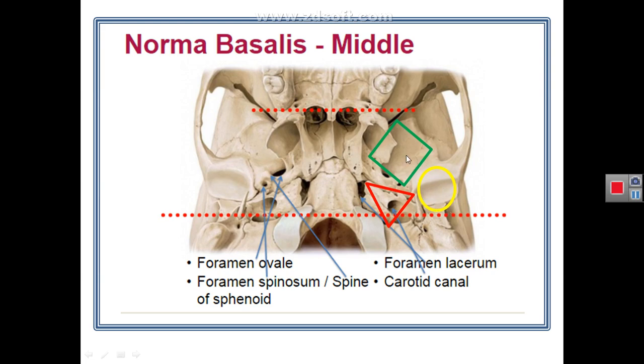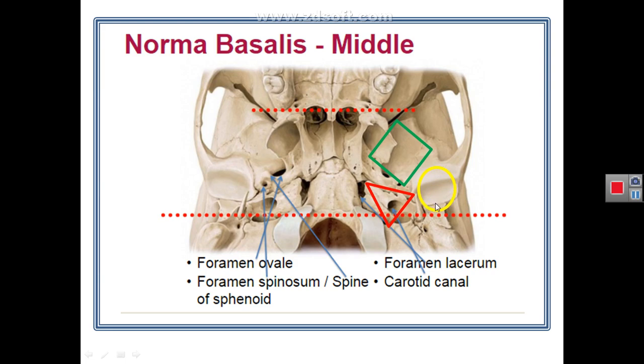The circle is the mandibular fossa that contains the condylar process of the mandible, with which it forms the temporomandibular joint. It is formed by the tympanic plate of the temporal bone posteriorly and the squamous temporal bone anteriorly. This is the articular tubercle at the base of the zygomatic process of the temporal bone. So this is the mandibular fossa for the temporomandibular joint.